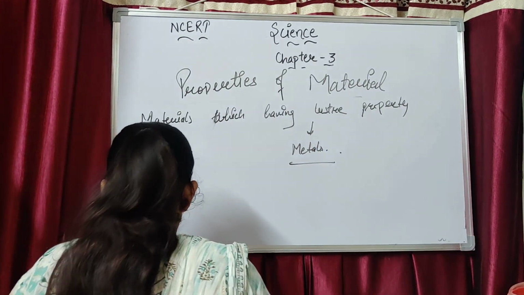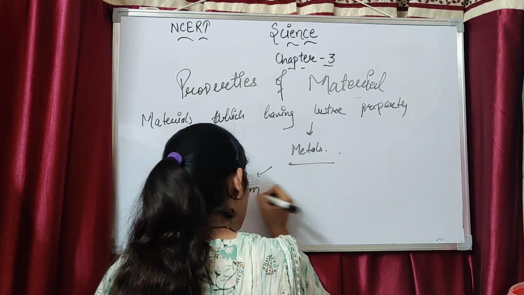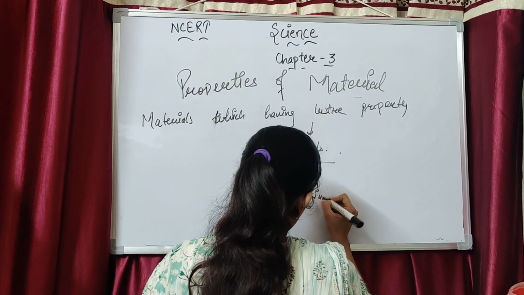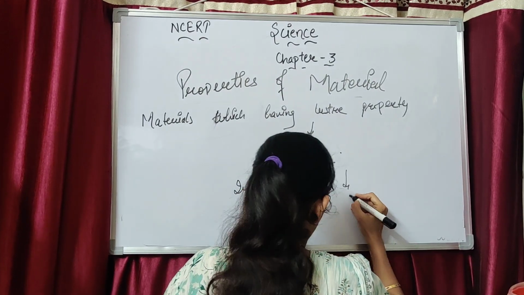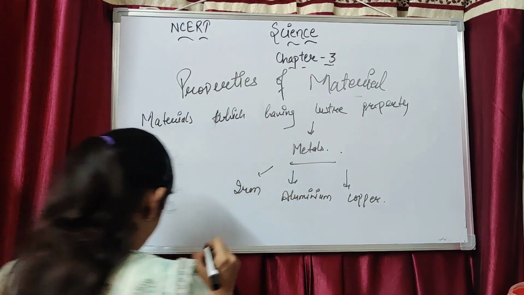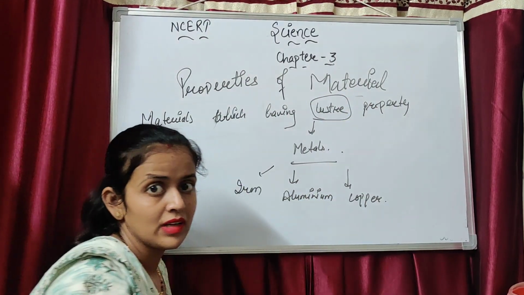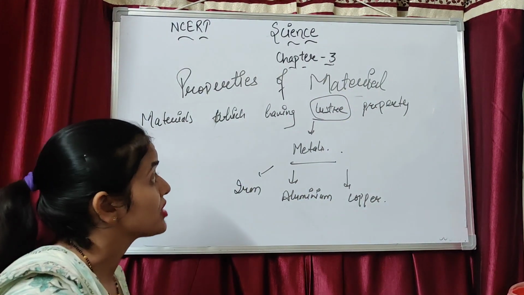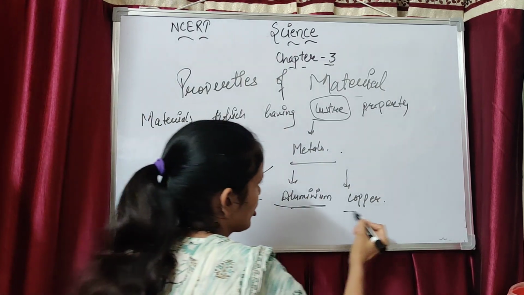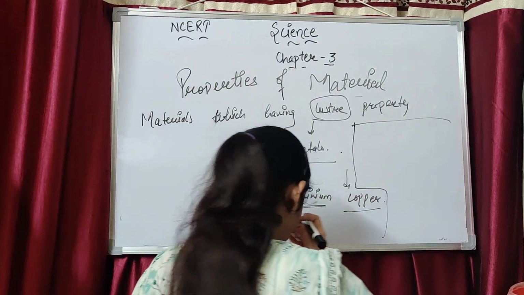Good examples of metals: iron, aluminium, copper. Okay. Luster means having shine. Iron has some shine, aluminium also, copper also. Clear? One more point is here.